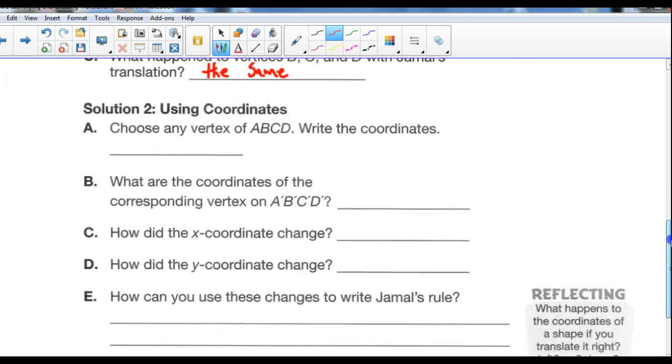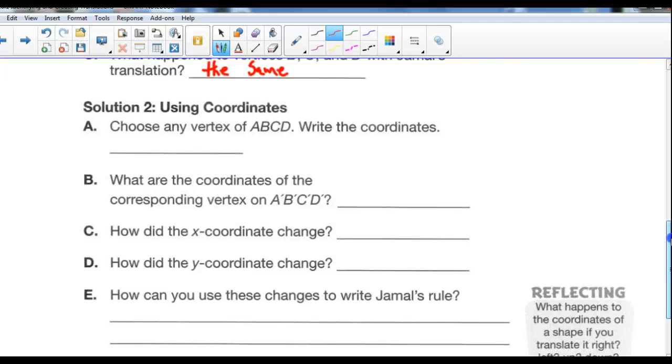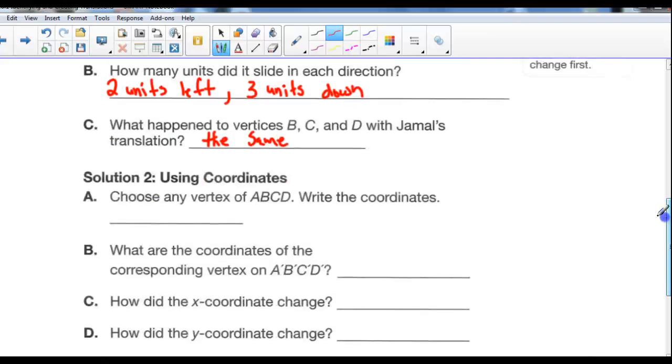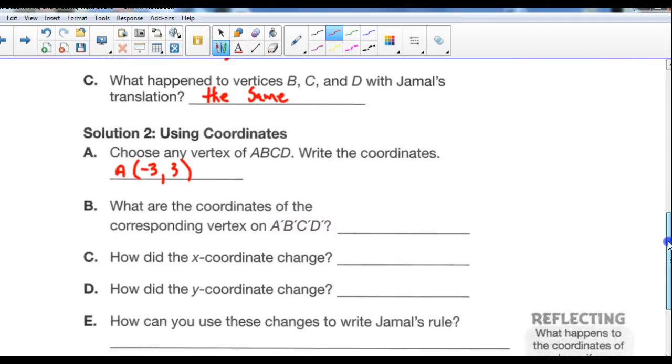Solution 2, you can use coordinates. Choose any vertex A, B, C, or D. Write the coordinates. Okay, well, let's choose A, which is -3 and +3. What are the coordinates of the corresponding vertices A prime, B prime, C prime, and D prime?